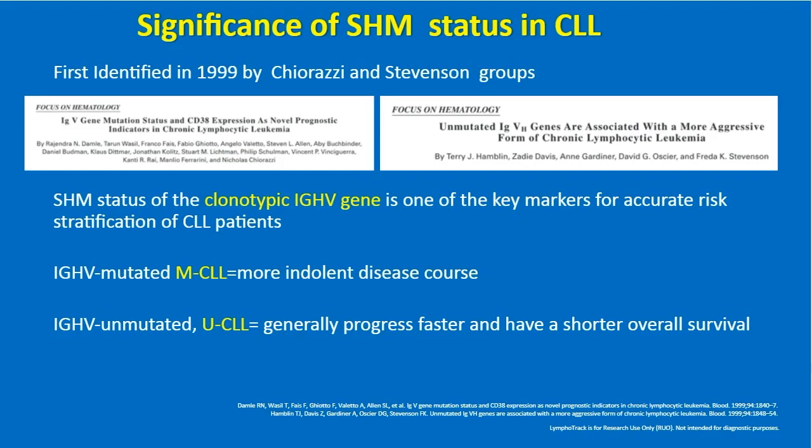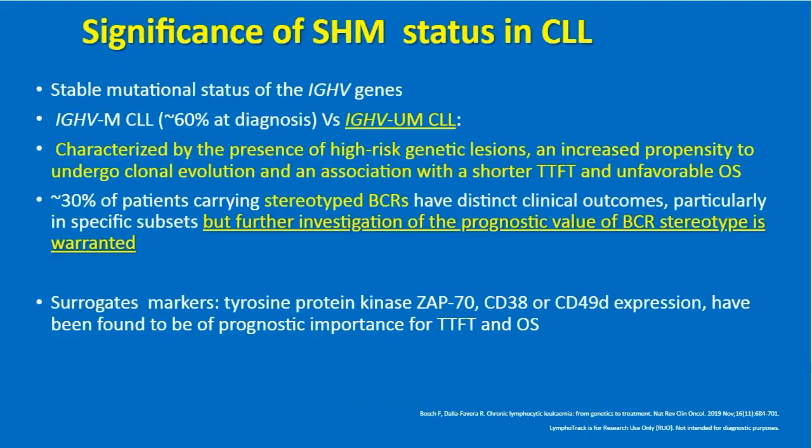That actually opened up a lot of further studies, treatment options and prognostications. So what is the significance of somatic hypermutation status in CLL? A couple of interesting observations. The mutational status of this IGHV gene in a patient is relatively stable. Roughly 60% of CLL patients at diagnosis are identified with a mutated status.